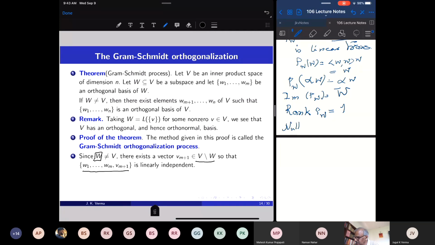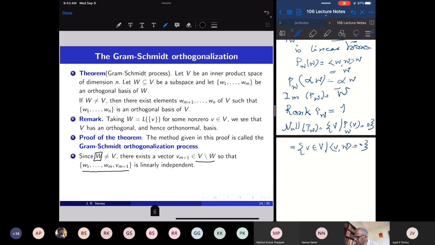The null space of the projection operator is the set of all V so that the projection along the direction of W is 0. And this is the set of all vectors in the whole space which are perpendicular to W.